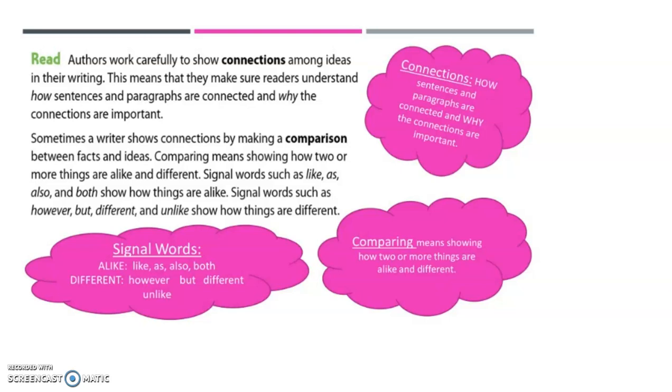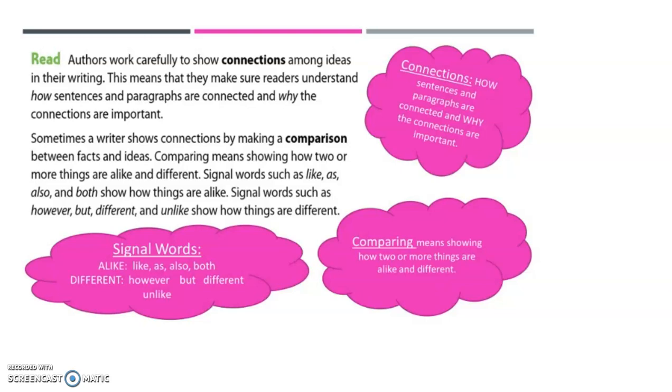Let's keep on reading. Sometimes a writer shows connections by making comparisons between facts and ideas. Comparing means showing how two or more things are alike and different. Signal words such as like, as, also, and both show how things are alike. Signal words such as however, but, different, and unlike show how things are different.